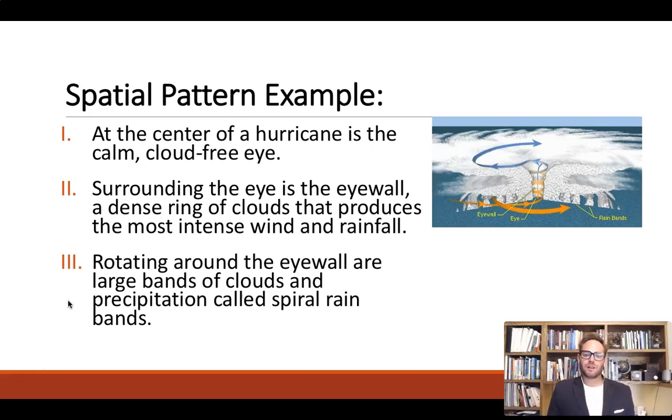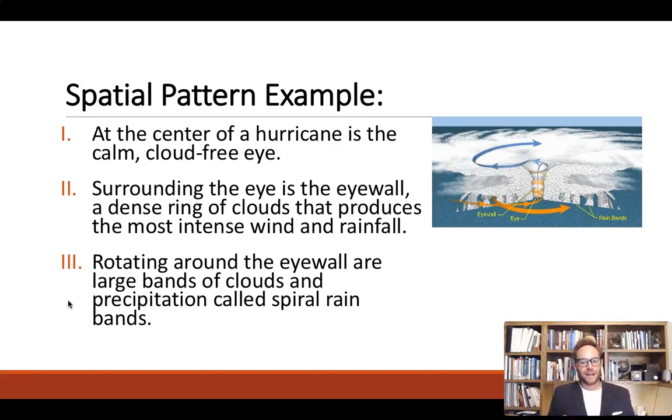And this might be relevant to maybe our friends in Texas and the Gulf of Mexico who are being bombarded by hurricanes after hurricanes. So our main point might start out at the center of the hurricane, which is a calm, cloud-free eye.